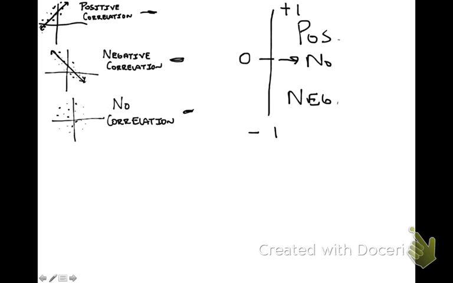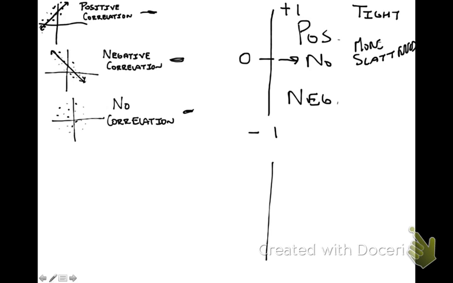Now something that is more positive means the values are close together, or tight. And things that are close to no correlation tend to be more scattered. So let me give you some extreme examples, and hopefully you can see that this is fairly subjective, what's happening here.